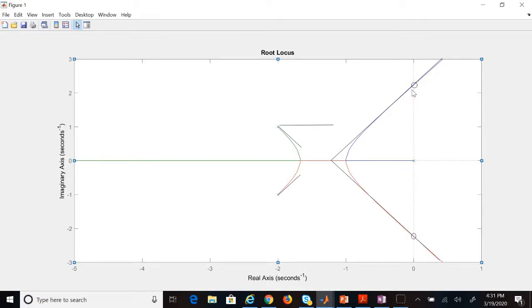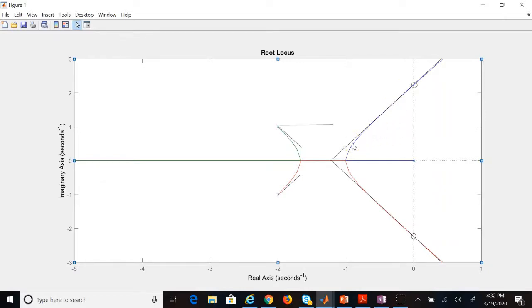Why are they important? Because K, as I said, K is increasing, right? K here is 0, and as we move along the branch, K is going bigger and bigger to infinity. So at this point, K is a number between 0 and infinity. But that number is really important. Why? Because if K is less than that number, between 0 and that number, what happens? Your poles of the transfer function are to the left side of the imaginary axis.